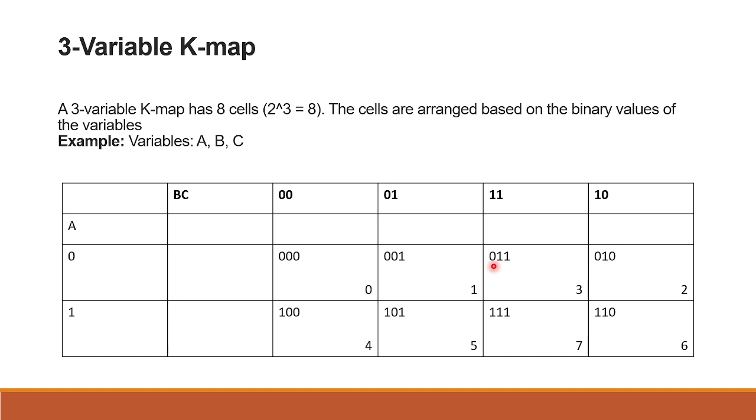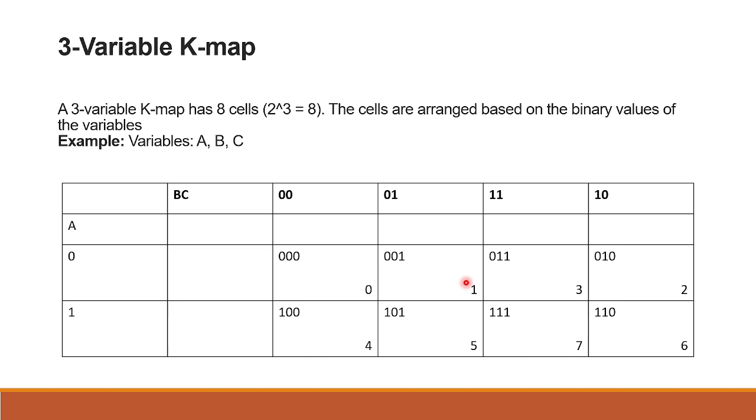In our next cell, A is 0, B is 1, and C is 1, which is equal to 3. In the next cell, 0 1 0 is 2, and so on. These cells also represent the same thing. And here is the best example of a 3 variable K map.